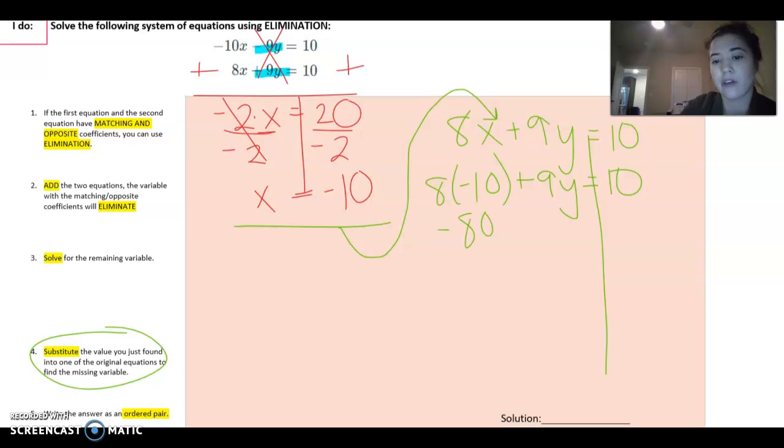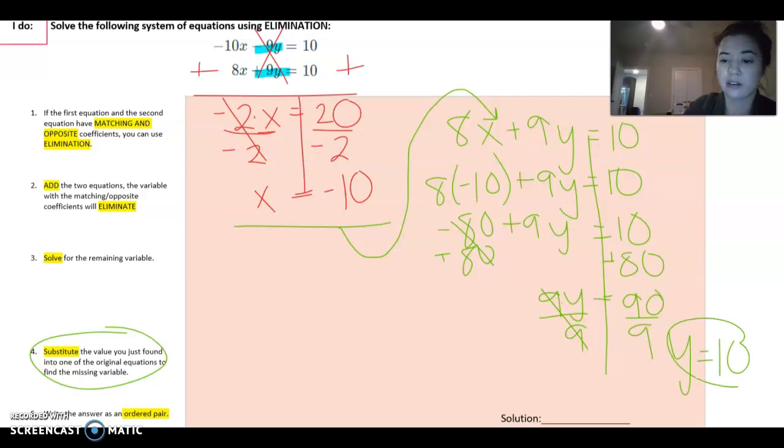That gives us -80. We get rid of addition and subtraction first, so we're going to move the -80 by adding 80. And we get 9y equals 10 plus 80 is 90. This is 9 times y, so we get rid of it by dividing. And we get y equals 10.